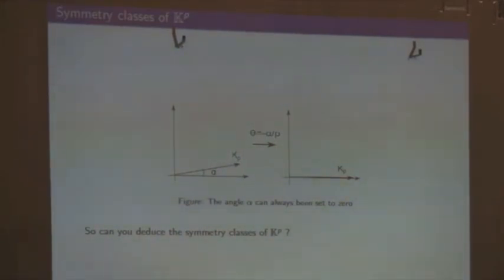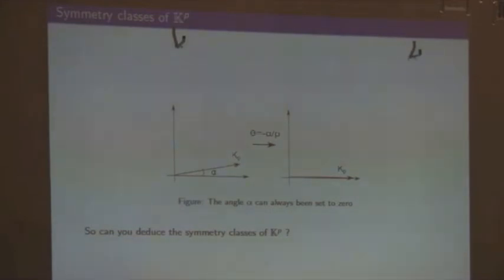So it can be concluded by this analysis that if the norm of Kp is different from 0, its symmetry class is directly the dihedral group of order p. The other possibility is if the norm of my vector is null.